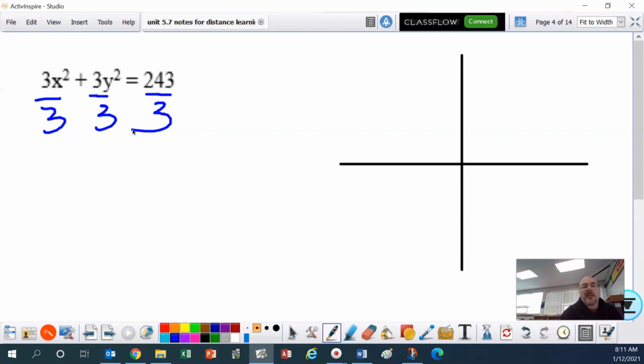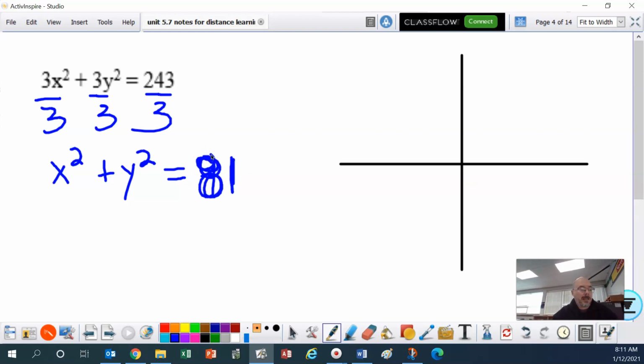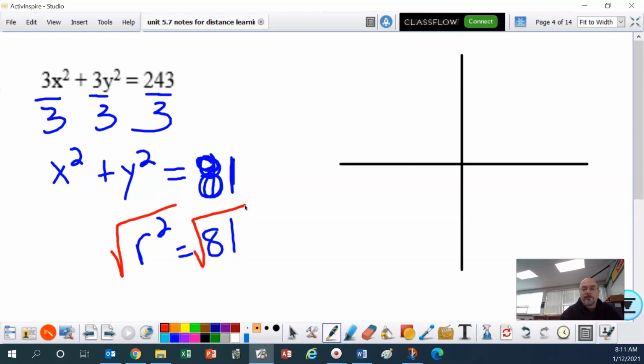So when we do that, we get x squared plus y squared equals 81. Almost did my division incorrect there. So the r squared is 81. We're going to take the square root of it, and so we get r equals, oops, I forgot to put the positive and negative in front. r equals positive negative 9.